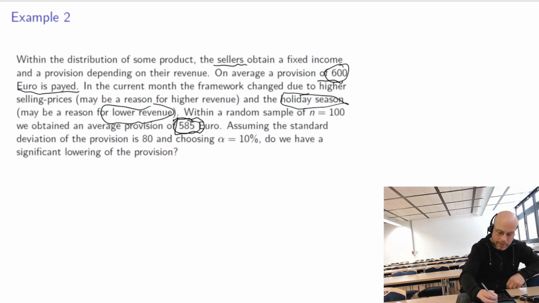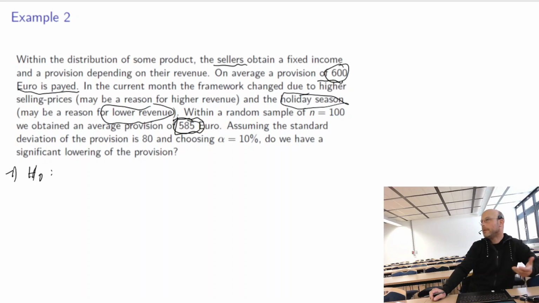Again, let's take H0. What would be H0? H0 would be my provision has not been lowered.